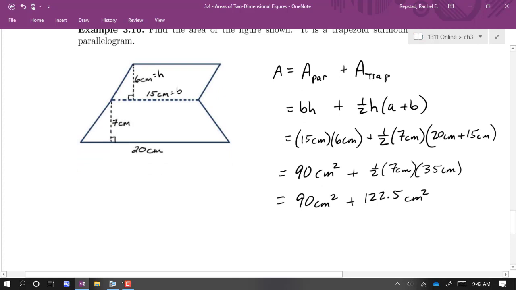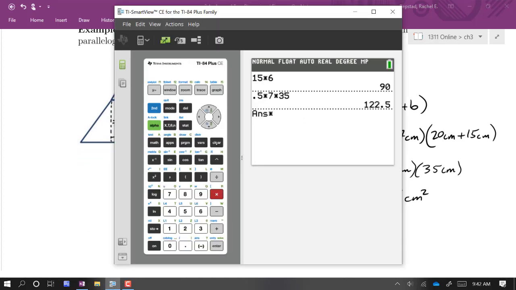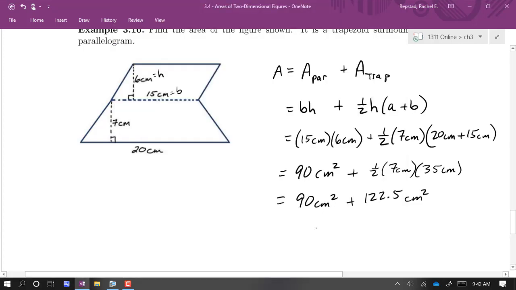And then all together, 212.5 square centimeters.